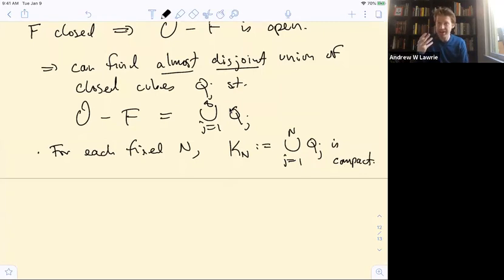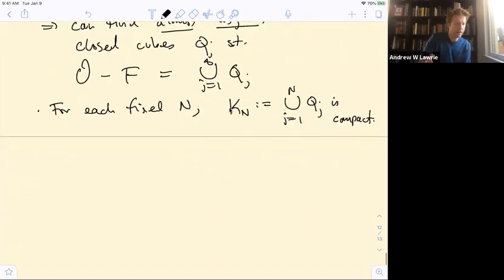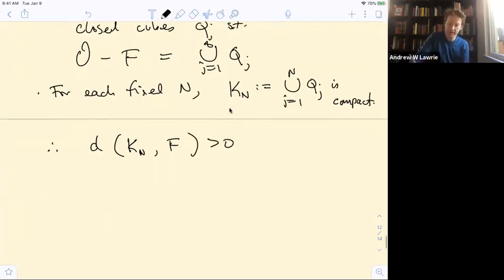As long as I take a finite union of closed sets, I still get a closed set, and since each of these is compact, a finite union of compact sets is still compact. So therefore, the distance between Kn and F is positive, since both are compact.